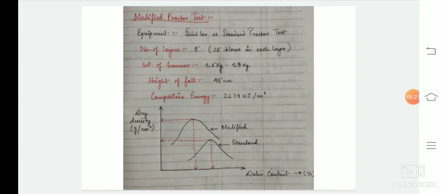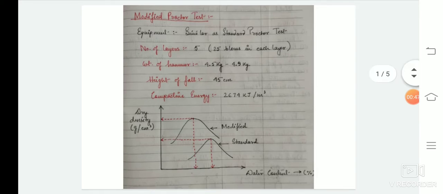So let us go through some recap of previous classes. During the previous class, we discussed compaction and how it can be achieved in the laboratory using the standard Proctor test. In today's class, we will discuss the modified Proctor test.